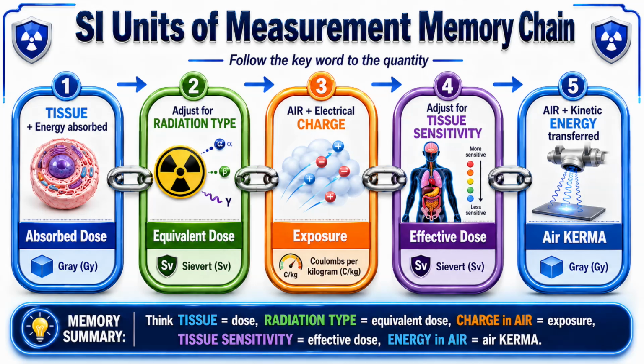Gray means energy per mass, sievert means biologically weighted dose, and coulombs per kilogram means ionization charge in air. Master those 3 units and understand what question each quantity answers, and SI units of measurement become much easier to identify. And remember, don't simply memorize that absorbed dose equals gray or effective dose equals sieverts.